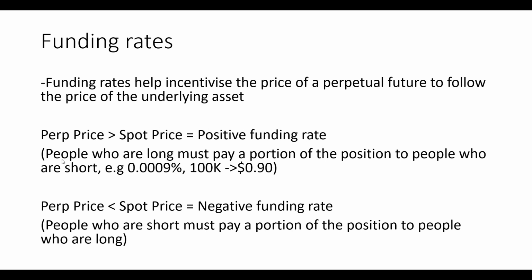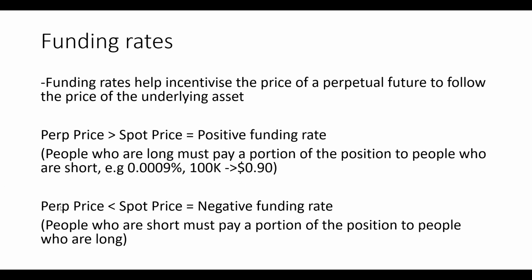And when that occurs, people who are long the perpetual future must pay a portion of their position to people who are short. So in this example, let's say the hourly funding rate is 0.009% and you have a 100k long position on an ETH perp. Well, then every hour you'd pay 90 cents, and that 90 cents would go to someone who's short the Ethereum perpetual future.